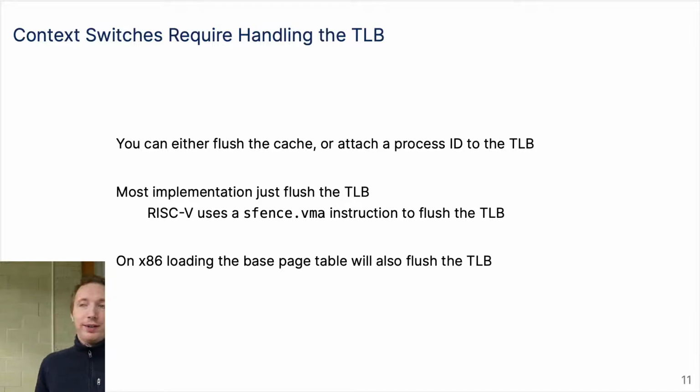So the simplest thing you can do is just invalidate the cache whenever you context switch so that it has to recalculate the virtual address for the new process, which would work, and it's a bit slow.